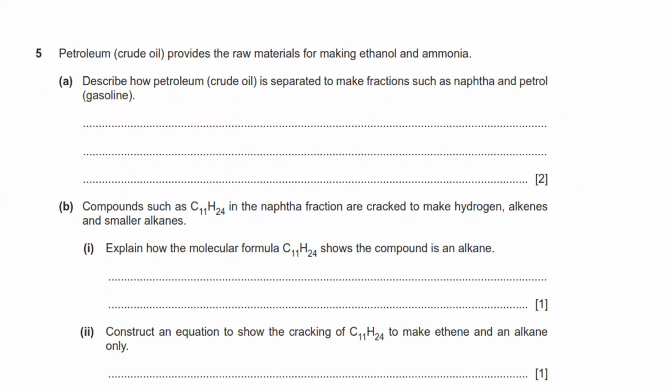So moving ahead, question number 5, it says petroleum or crude oil provides the raw materials for making ethanol and ammonia. Part A, describe how petroleum crude oil is separated to make fractions such as naphtha and petrol or gasoline. So remember, the crude oil is heated in a fractionating column.